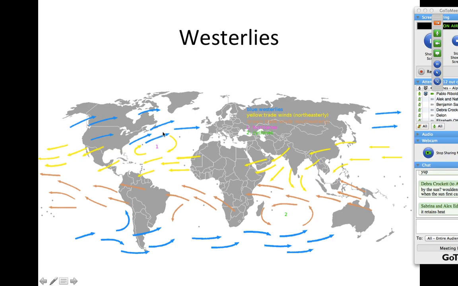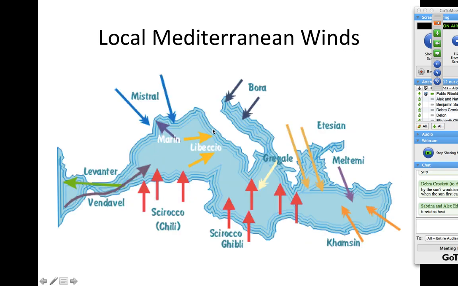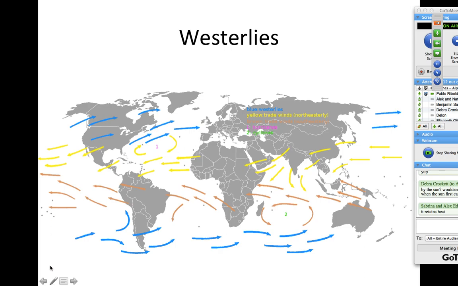So again, both the water and the wind cause the continent of Europe to have much milder weather than it would if you were considering the latitude. Let's say France. Let me grab the pen again. So we have, for example, France.